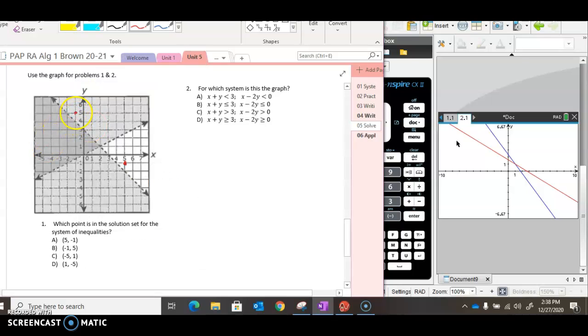No. Negative 5, 1, is that in there? Well, it's where it overlaps, right? Looks like it. 1, negative 5, that's not, is it? So the one that is in both of them is going to be C, because it is in the area that overlaps.